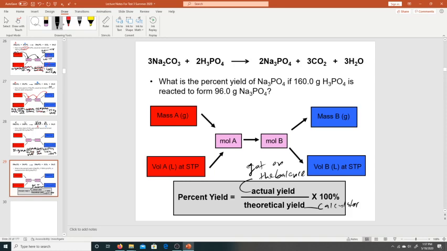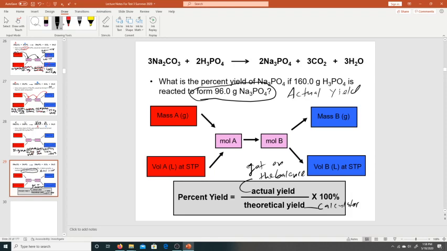If you read this question, it says, what is the percent yield of sodium phosphate if 160 grams of phosphoric acid is reacted to form 96 grams of sodium phosphate? This number here, 96 grams, is the actual yield. It tells you what you actually obtained at the end of the experiment. So that's going to go in the numerator.